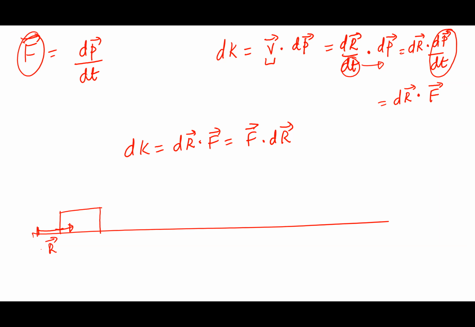Another way of saying it is, I have applied a force, and due to this, the object gained an impetus, and it's going to move some distance. This means I have done work on this object. I have performed some work on this object, and this work in turn translated to its kinetic energy. So we define this F dot dr as work done.